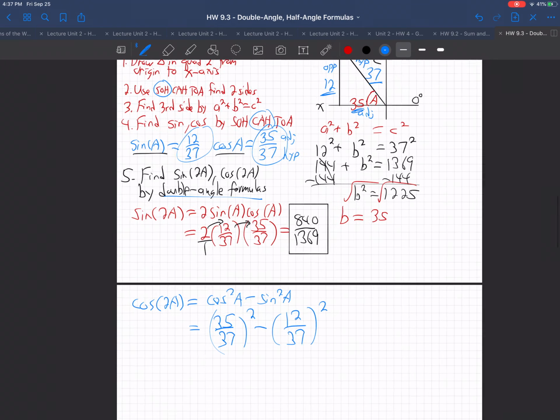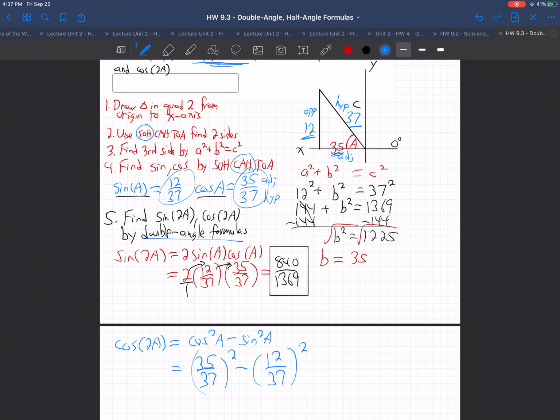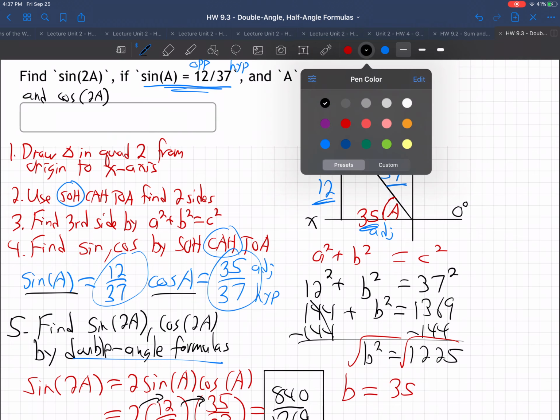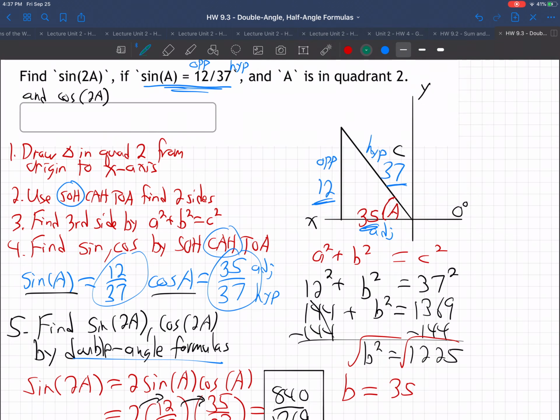Hold everything. I am not doing a very good job on this problem. One thing I forgot about was the signs. Sorry about that. Coming back here, this should be a negative 35, because from the origin it's back 35, up 12. So that's a plus 12 but a minus 35.